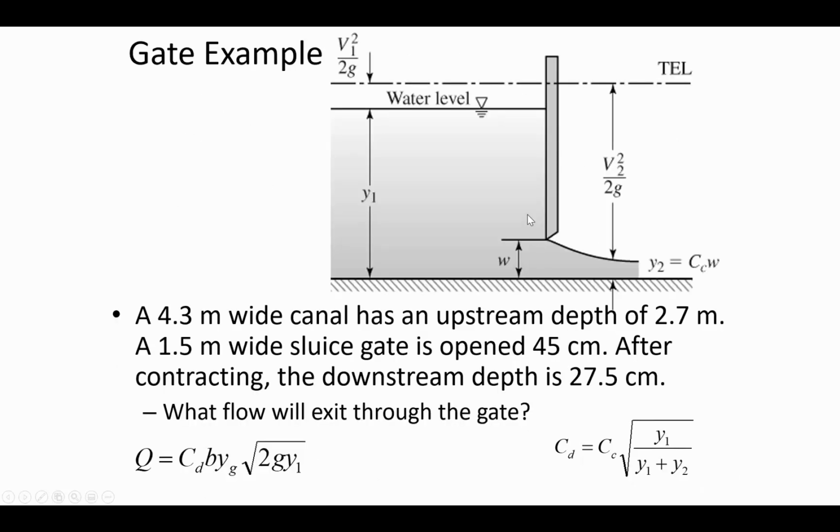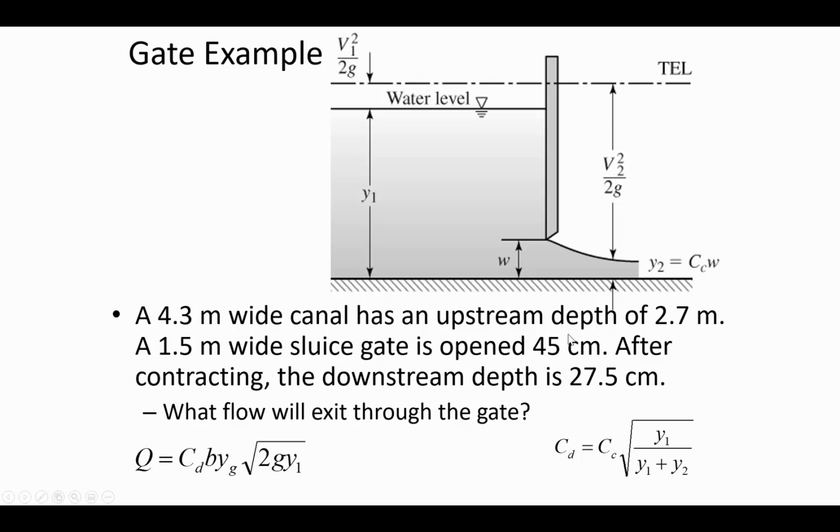All right, so I'd like to pause now, rest my voice and rest your ears, give you a chance to calculate what is going to be the flow through the gate that's depicted here. And so the canal width is different in this case from the width of the gate. So oftentimes the gate is the full width of the canal, but here it's not. So don't confuse the canal width with B, the gate width. We have the opening height is 45 centimeters, and so that is how far it is from the bottom of the channel up to the edge of the gate.